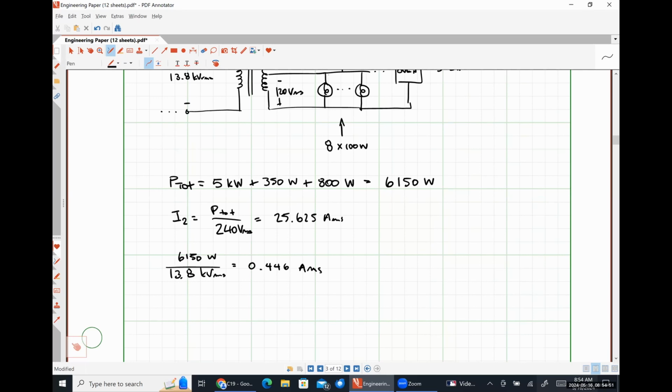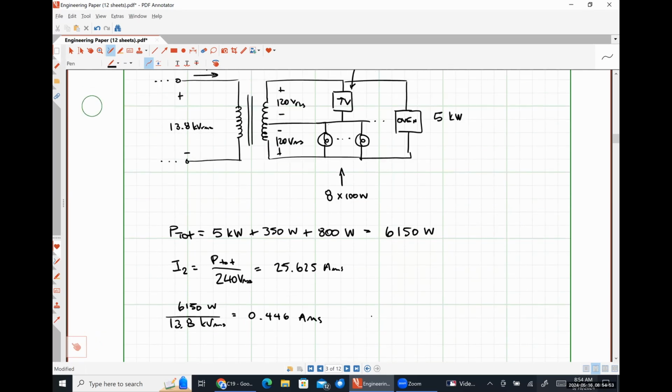What if we used our transformer relationship? What do you think would happen? What's our turns ratio? It'll be the other way around, because we've considered our turns ratio to be the number of turns on the secondary divided by the number of turns on the primary.